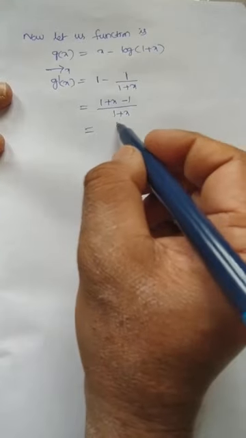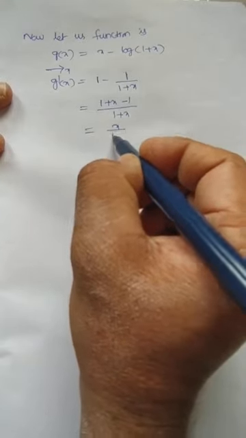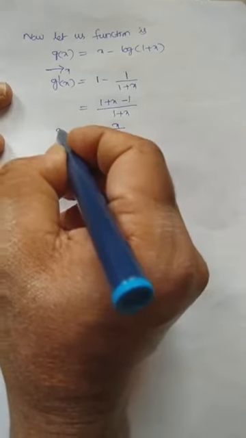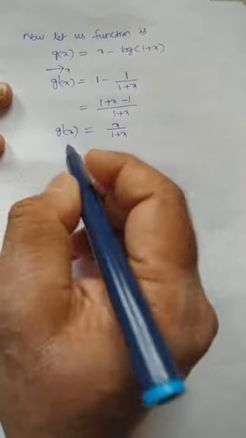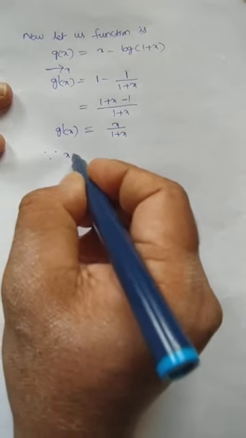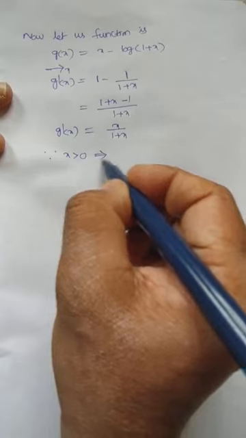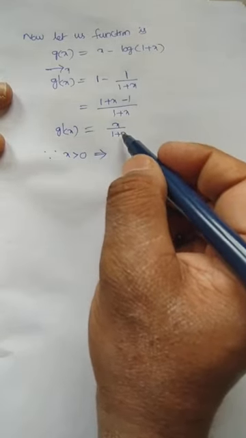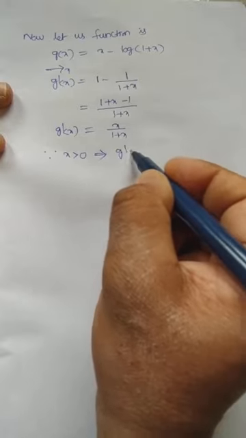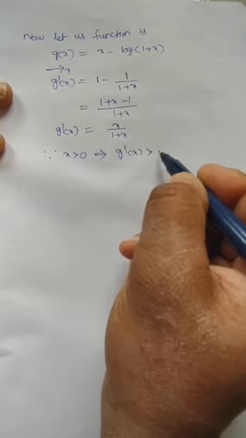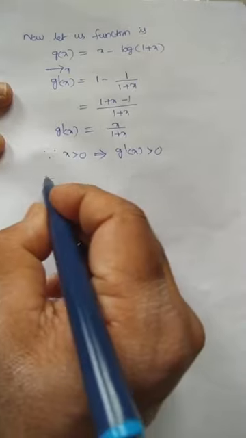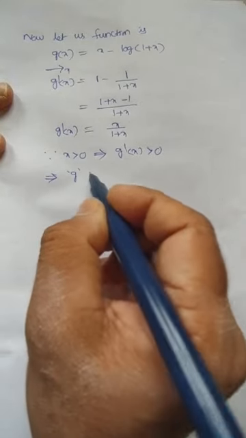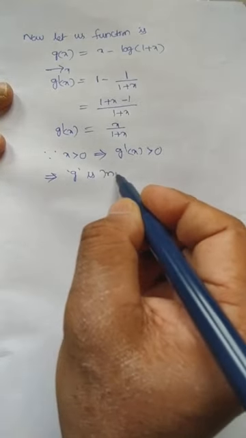So plus 1 minus 1 gets cancelled. X by 1 plus x is our g dash of x. Since x is greater than 0, that implies x is positive, 1 plus x is also positive. Positive by positive is also positive. So g dash of x is greater than 0. That implies g is increasing.